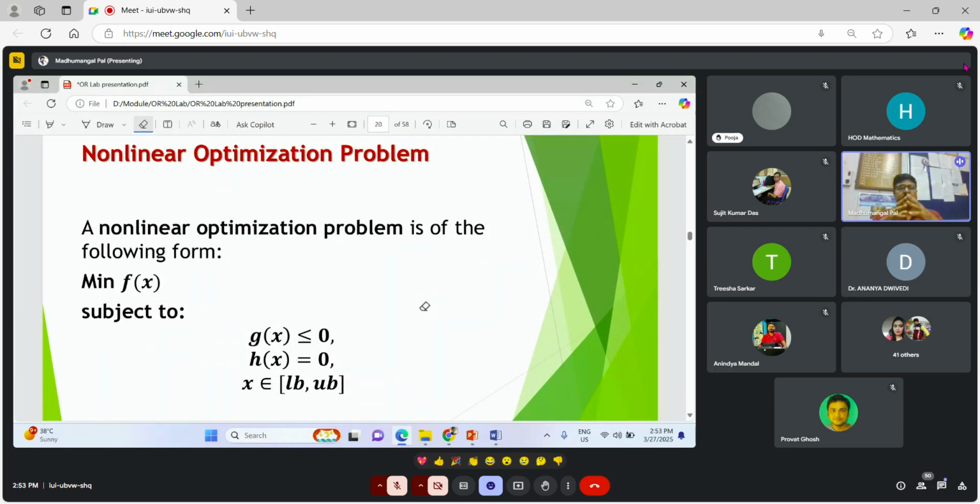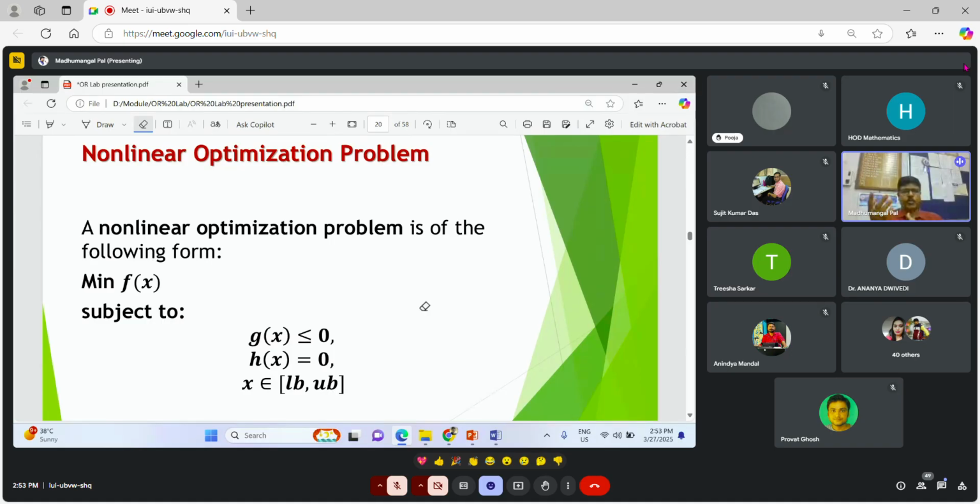So another type of problem is coming in our operations research. That one is called the nonlinear optimization problem. Nonlinear optimization problem is more difficult than the linear programming problem or quadratic programming problem. In quadratic programming, only the objective function is nonlinear, particularly a quadratic expression. But in nonlinear optimization problem, the objective function is nonlinear.